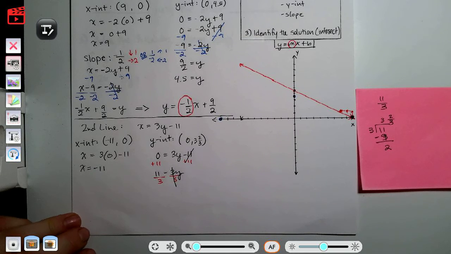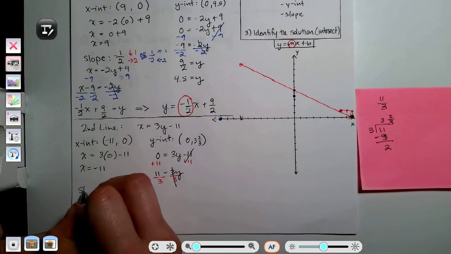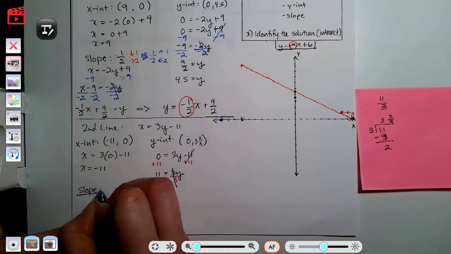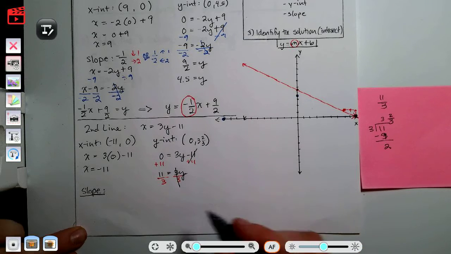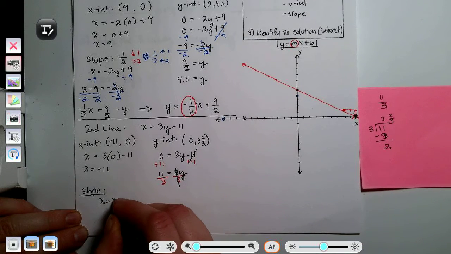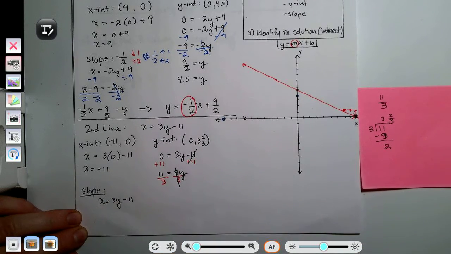Remember, we need 3, so that means we need to go ahead and find our slope, which we can use to find the third point. So for slope, we need to get it into y equals mx plus b form, which means we're going to solve for y.